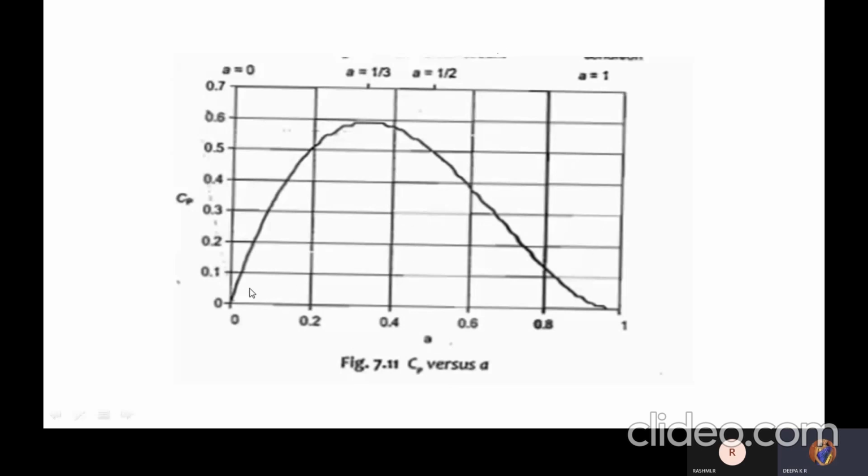So we get a CP curve, which is the power coefficient curve. This concept was explained using Betz's criterion, because you assume the fractions for upstream and downstream, so we call it the Betz criterion.